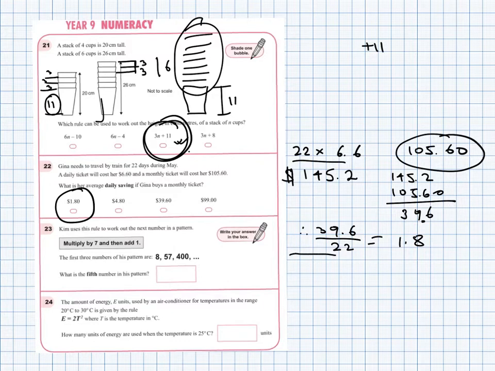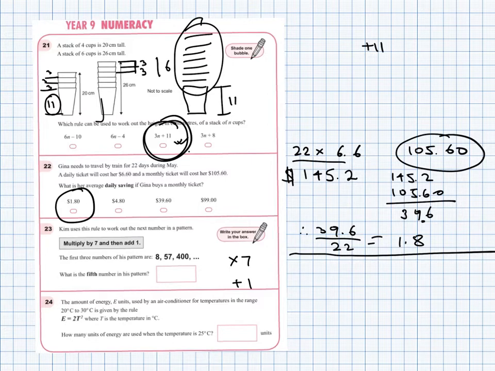Okay, next one here. Kim uses this rule to work out the next number in a pattern. Multiply by 7 and then add 1. So the first number is 8, 57, 400. What is the fifth number in this pattern?